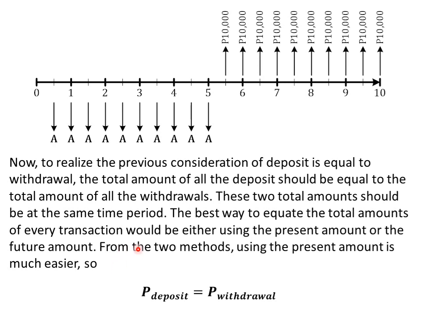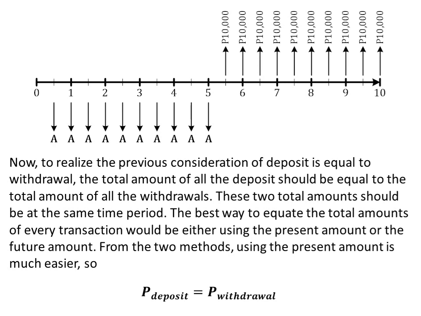Okay? Now, from the two methods, using the present amount is much easier. Okay? Because if you can recall the formula for the future amount in a deferred annuity, you're just going to follow the compound interest. F is equal to P times 1 plus i to the power of n.